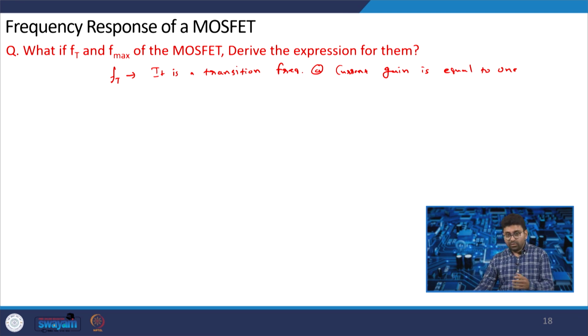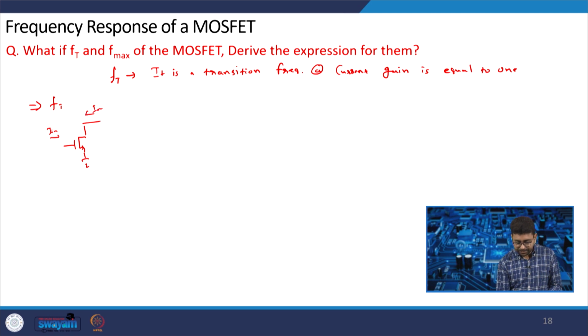So, if we want to derive FT for the MOSFET, this is an NMOS, then there is an input current I in and an output current I out. So, we will try to derive the FT.